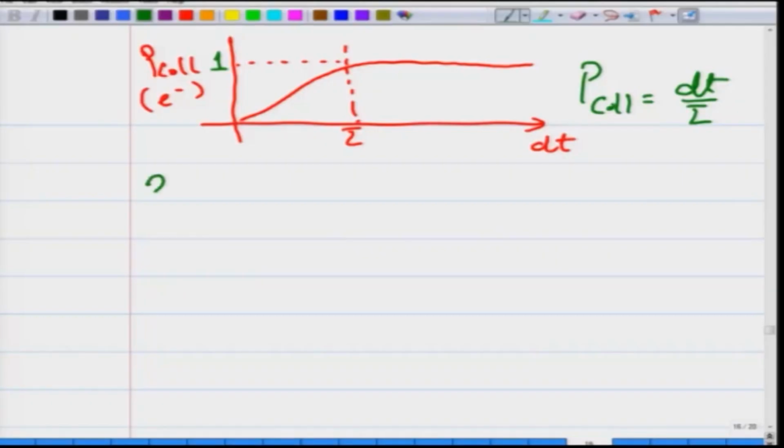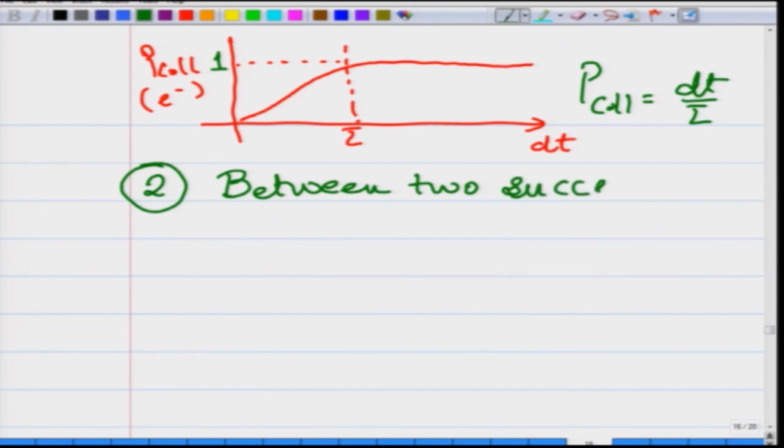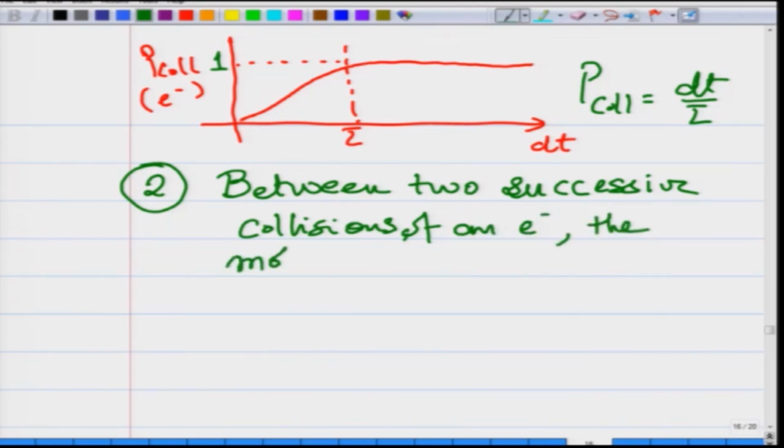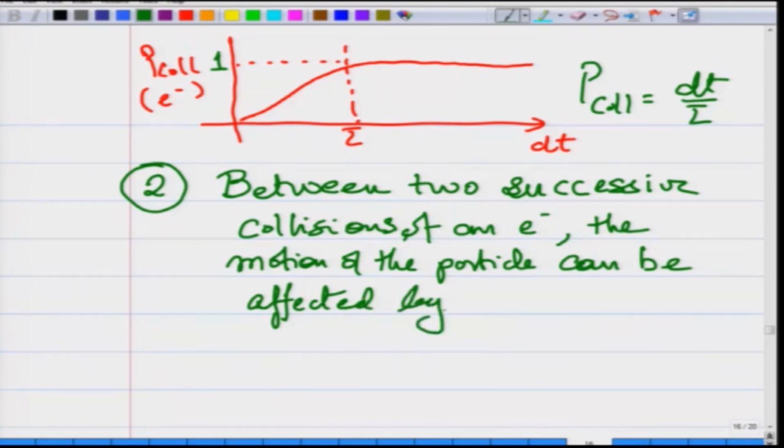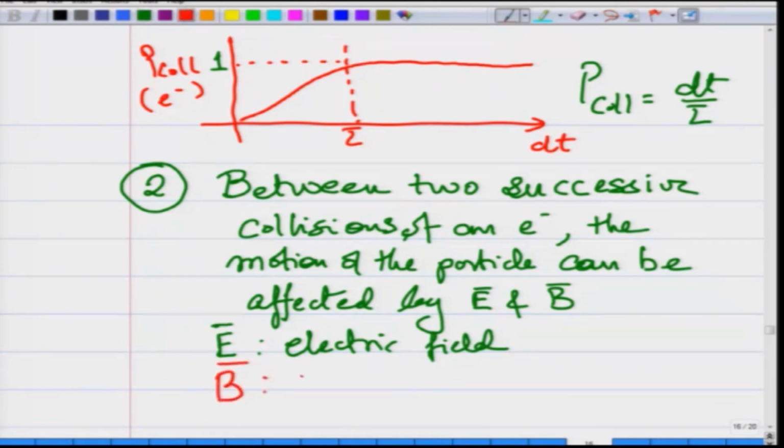Now, let us move to the second assumption. The second assumption states that between two successive collisions of an electron, the motion of the particle can be affected by E and B, E being the electric field, B being the magnetic field.